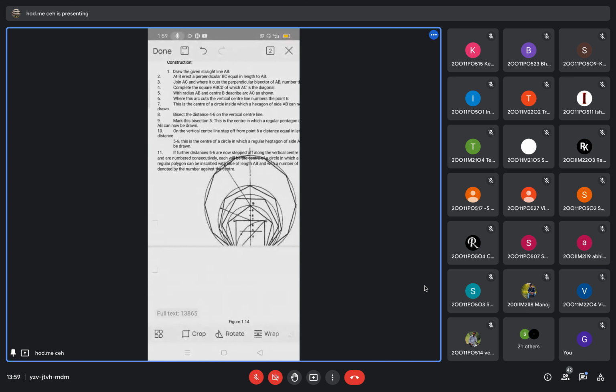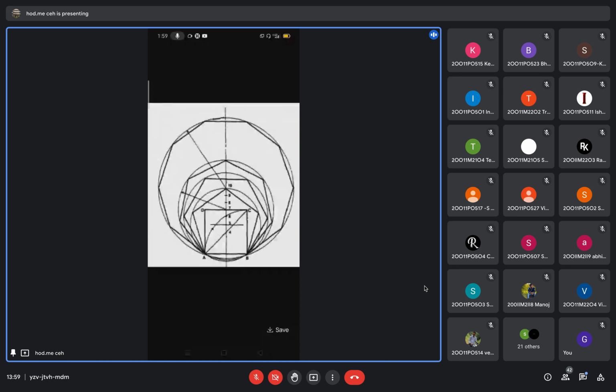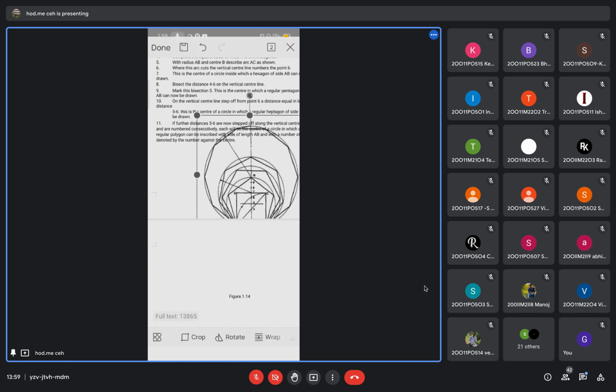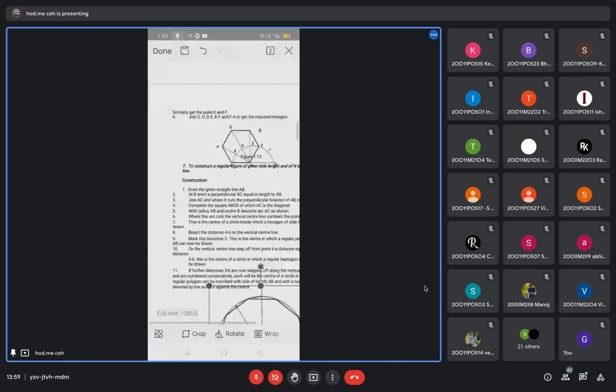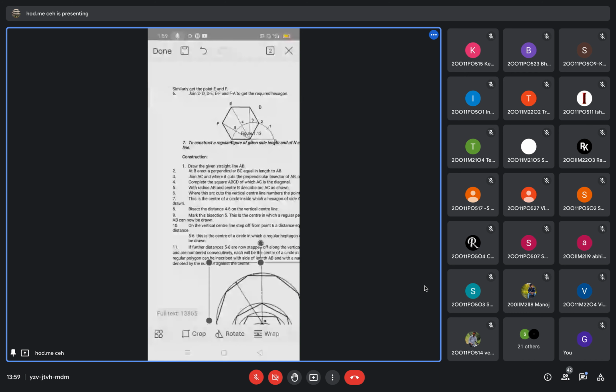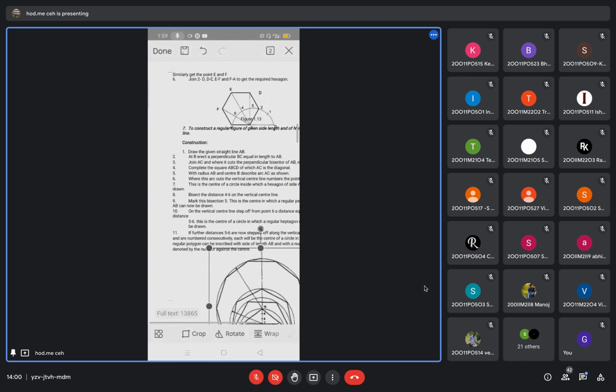With the radius of AB, center B, describe the arc AC as shown in the figure. Okay, this is the arc AC shown in the figure.